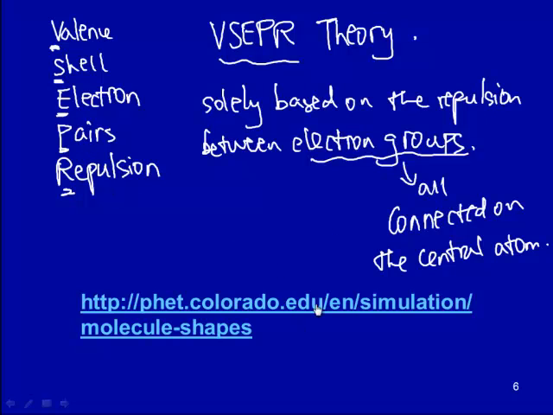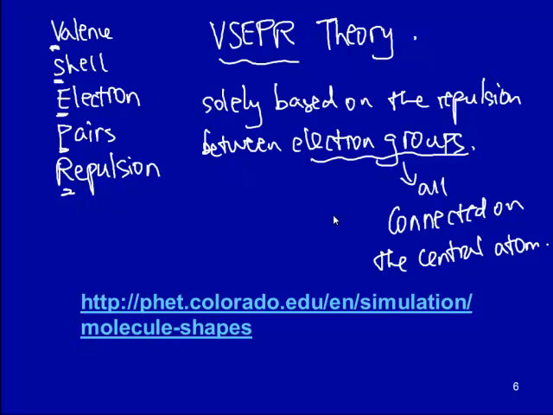And here's a link to the Java simulation, and it's demonstrated very clearly. Because the electron groups strongly repel each other, they want to maintain as far a distance as possible from each other. However, they cannot get totally away from each other because they are all connected to a central atom.